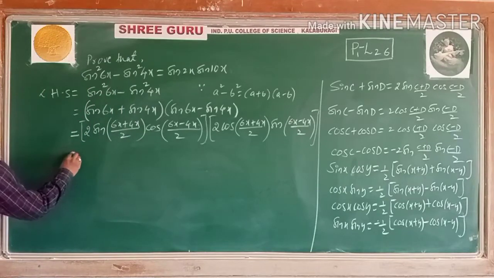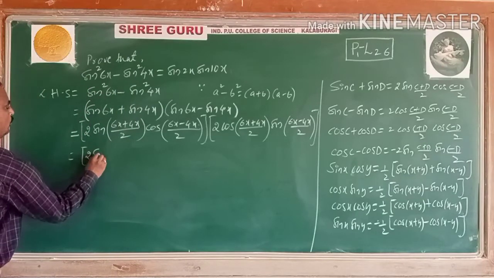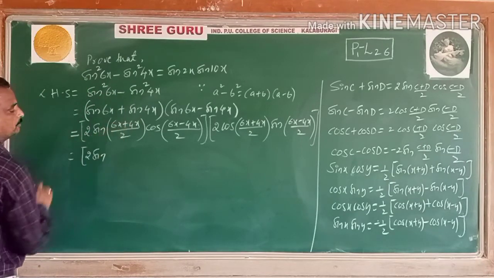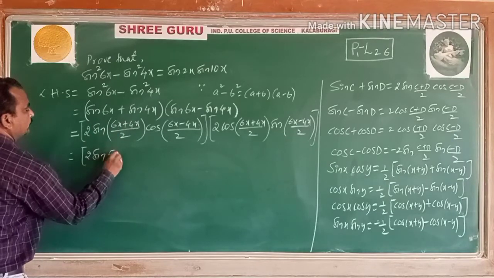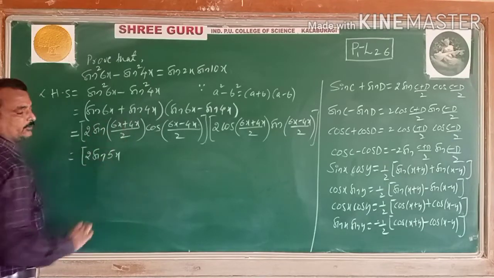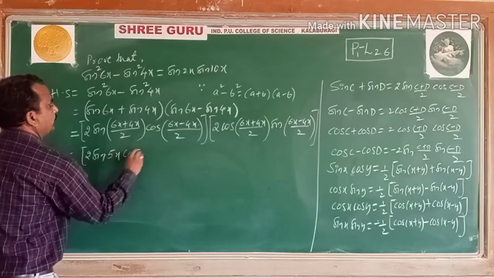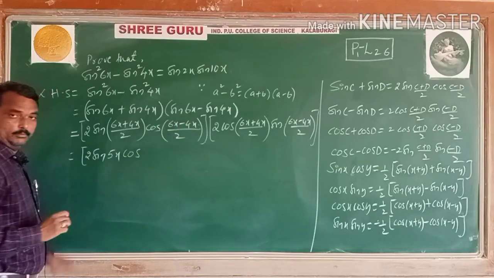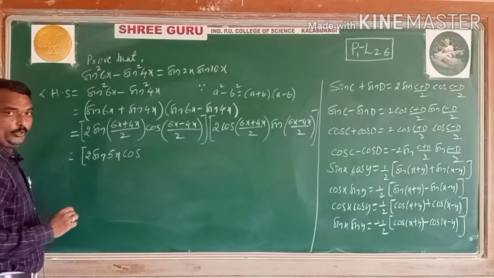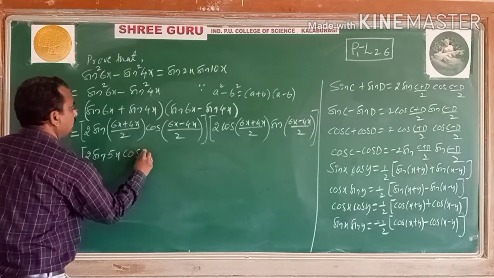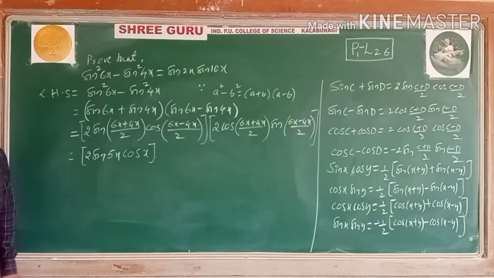Now, see the students, 2 into sin of (6x plus 4x) by 2, that is 5x. Simplification: (c plus d) by 2, into cos of (6x minus 4x), 2x divided by 2, that is x, into cos of x.